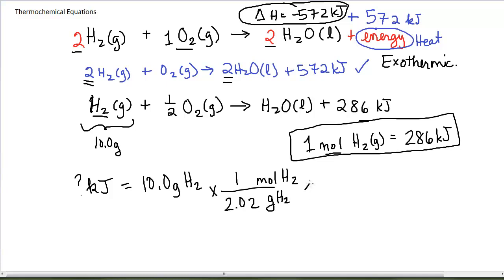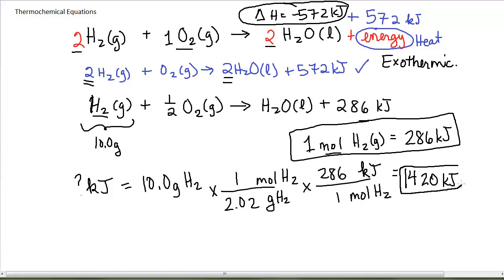This is the molar mass from the periodic table. Then I'll need moles of hydrogen on bottom to cancel. I can put kilojoules on top. And I would get to three significant figures: 1,420 kilojoules of energy in the form of heat is released when I burn 10 grams of hydrogen.